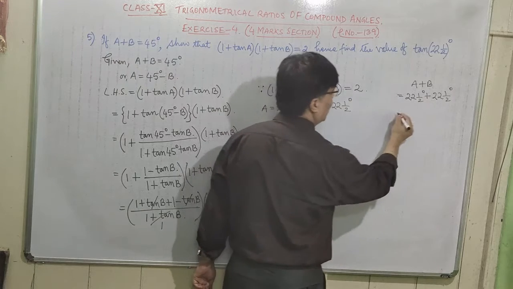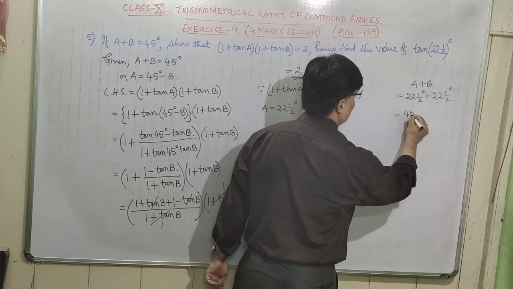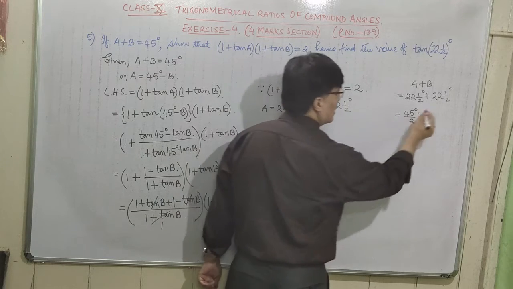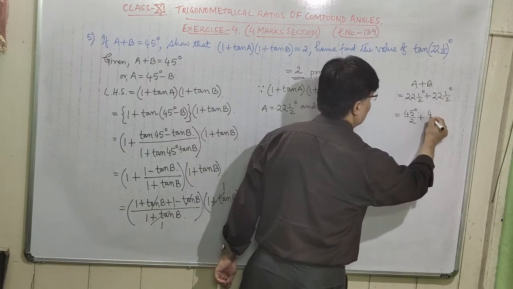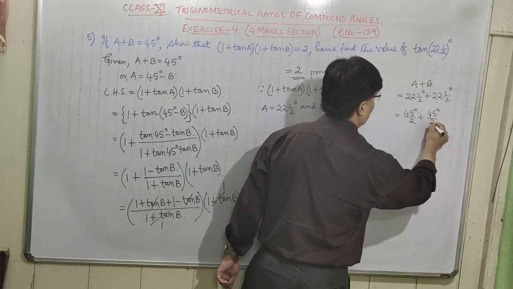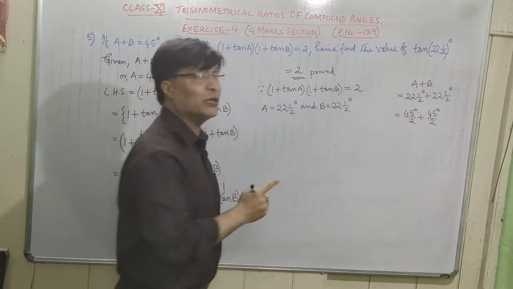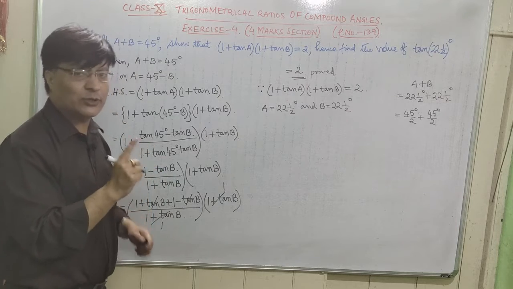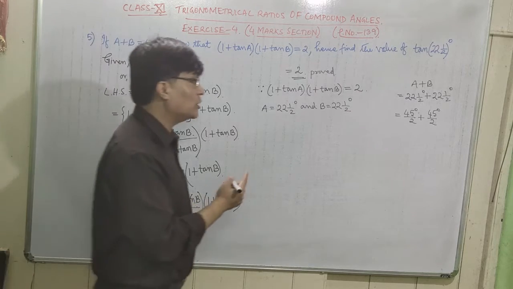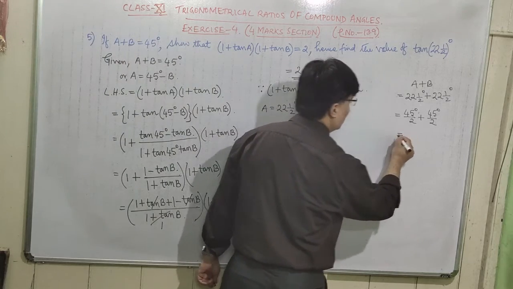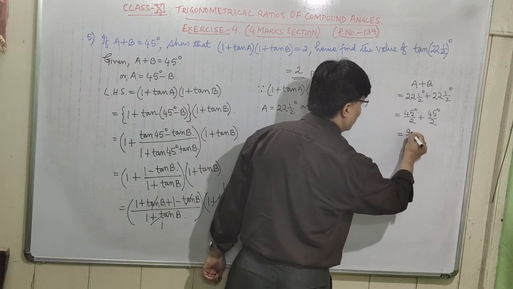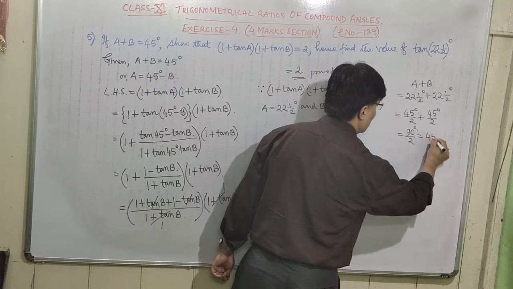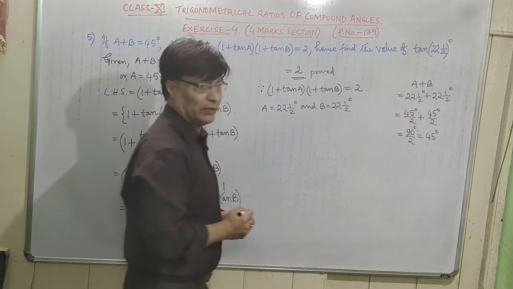Right, let us simplify it. 22.5 degree means 45 degree by 2, since 22 twos are 44 plus 1 is 45 degree by 2. If you add these two numbers, you should get this 45 degree. Then only you can take A is equal to 22.5 degree and B is equal to 22.5 degree. So what is 45 degree by 2 plus 45 degree by 2? It is 90 degree by 2, which is equal to 45 degree.